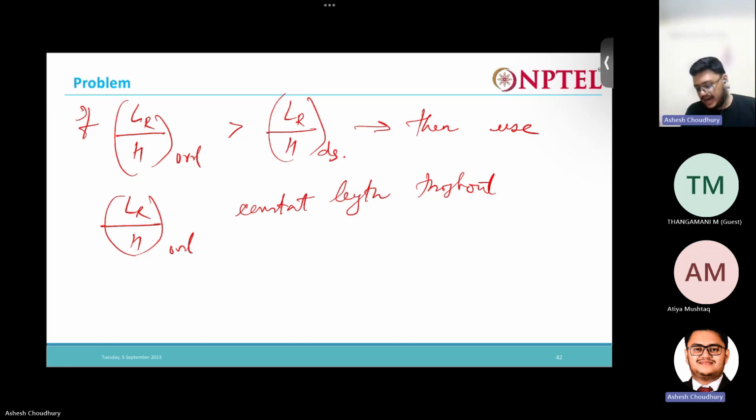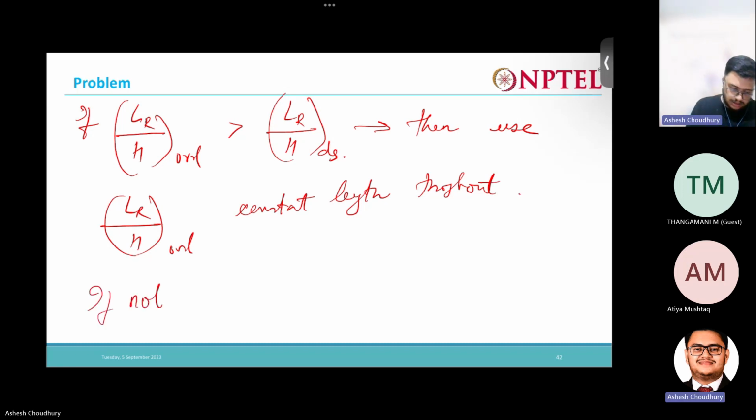Okay, if LR by H overall is greater than LR by H direct sliding, then we have to use LR by H overall as constant length throughout the height. Okay, and what is the other case?